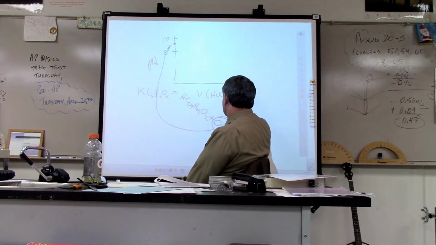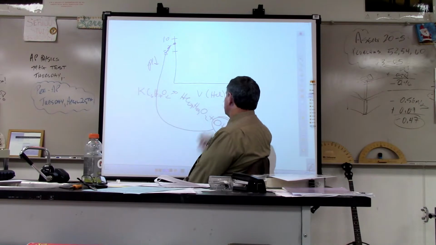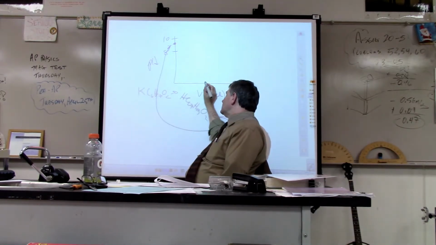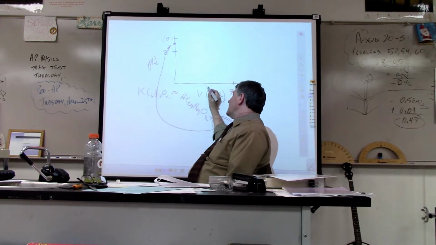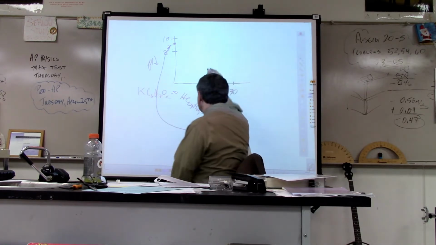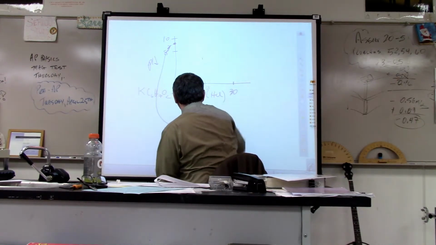So here's 30. Where's going to be half the equivalence point? 15. And you have that pH, which was what, 4 point something, which is going to put you somewhere in here.